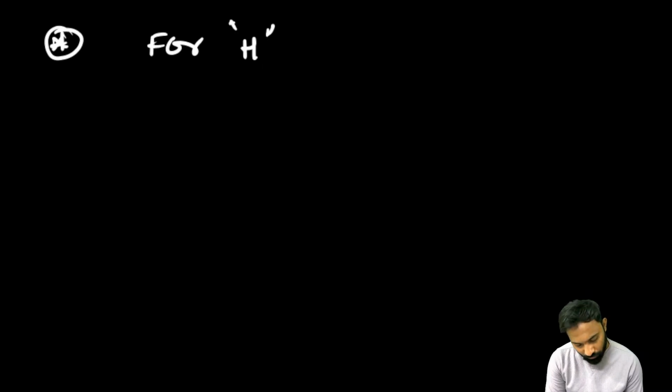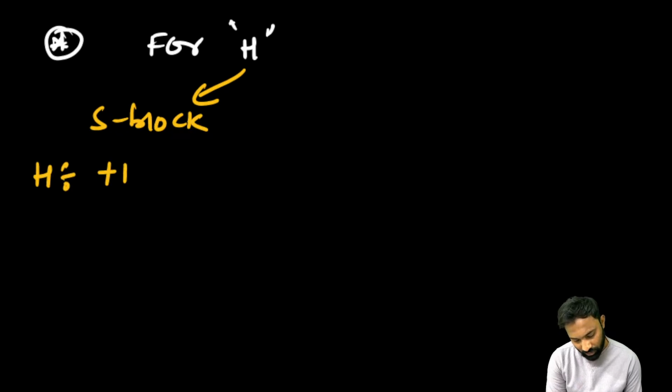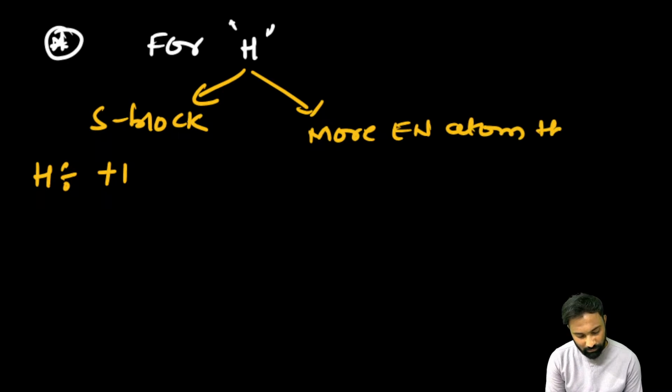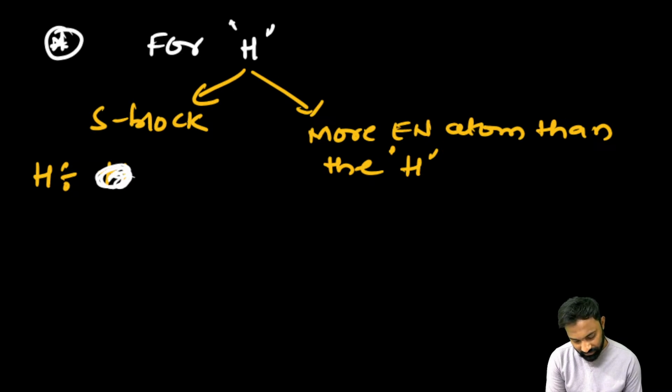If hydrogen is attached with group 1 or S block elements, let's take the S block element, then its hydrogen oxidation number will be -1.